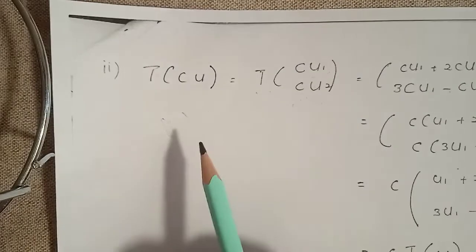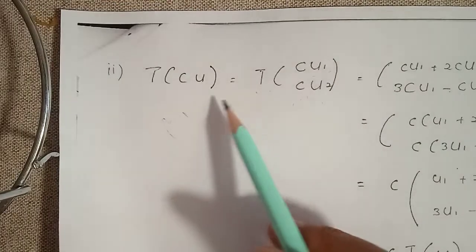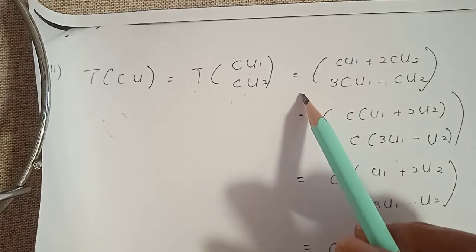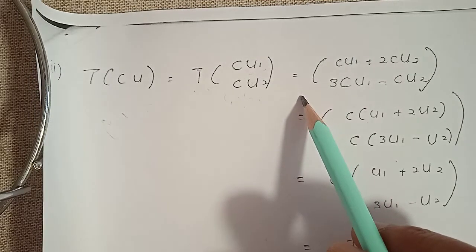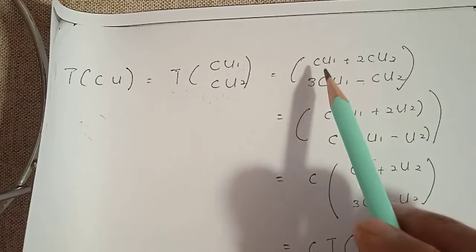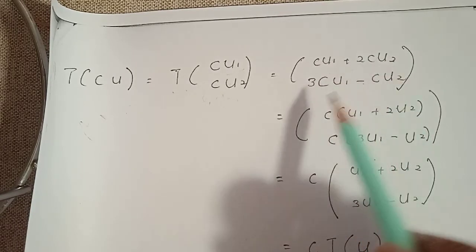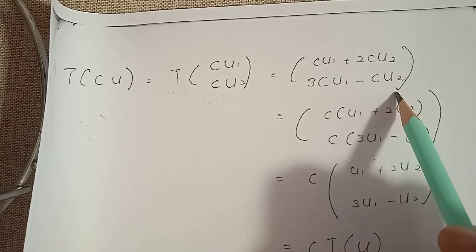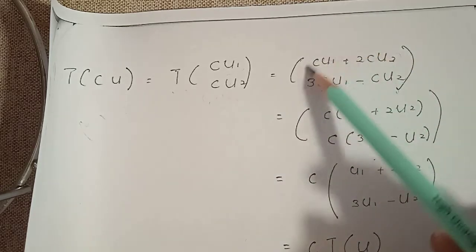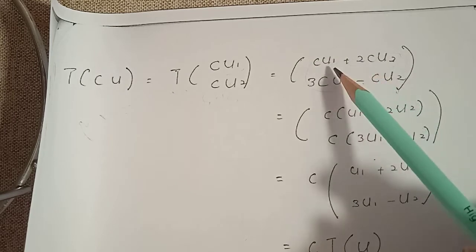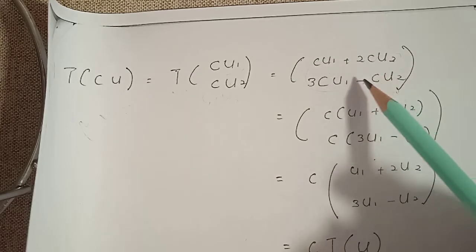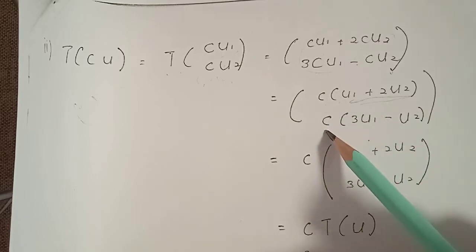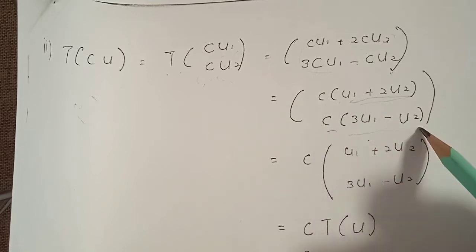For the second criterion, T of CU is equal to T of CU1, CU2, and we apply the formula given. So we have CU1 plus 2CU2, and the second component is 3CU1 minus CU2. Now simplify this and factorize C. We have C times this one and C times this equation.